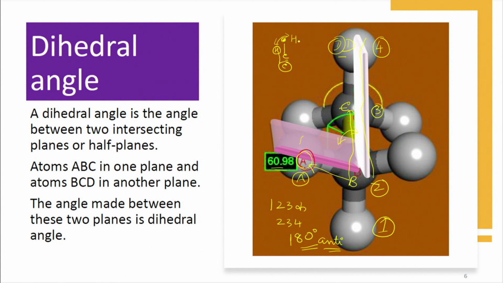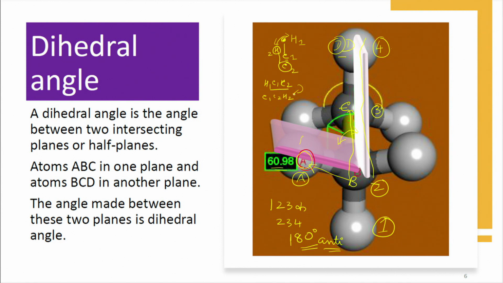Let me put this hydrogen as hydrogen 1, this carbon as carbon 1, this carbon as carbon 2 and this hydrogen as hydrogen 2. Hydrogen 1, carbon 1 and carbon 2 form one plane, and carbon 1, carbon 2 and hydrogen 2 form another plane.